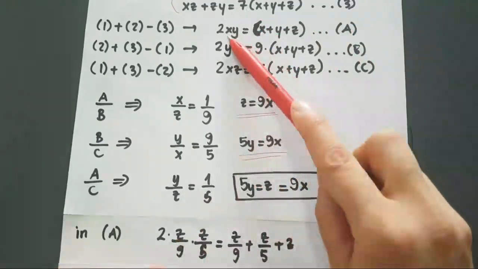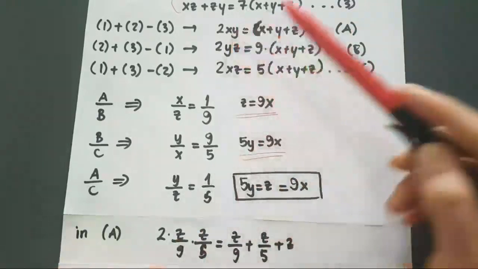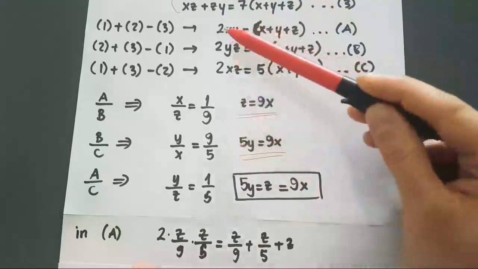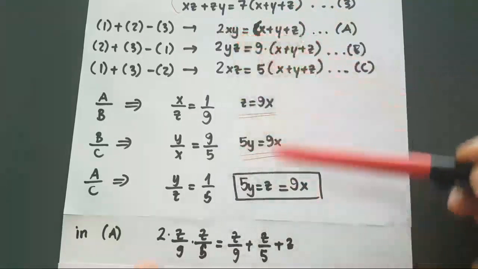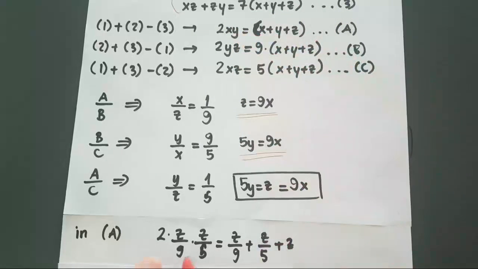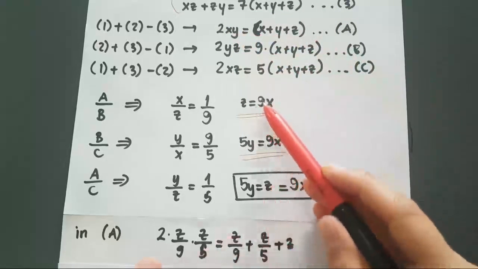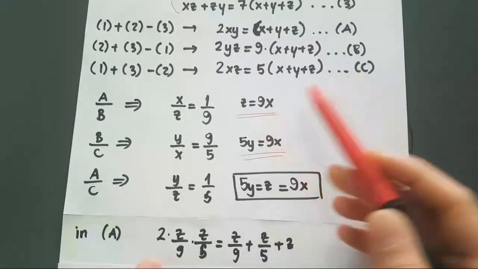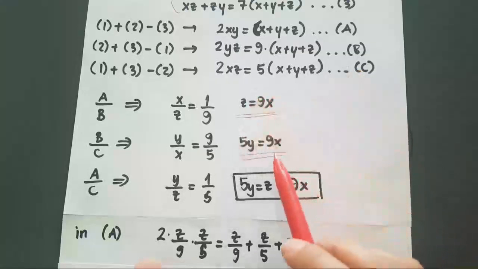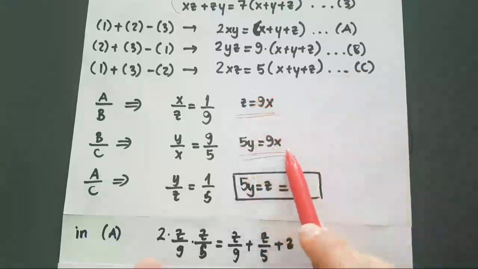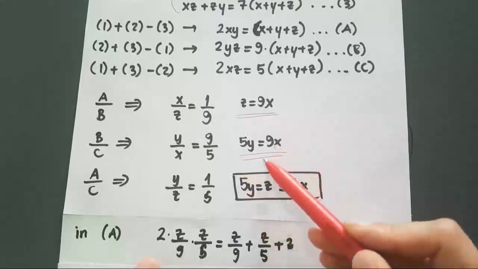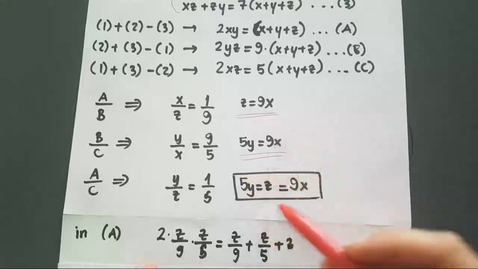I will write x and y in this equation in terms of z. So z is 9x, or x is equal to z over 9. 5y is equal to 9x, or x is equal to 5y over 9.